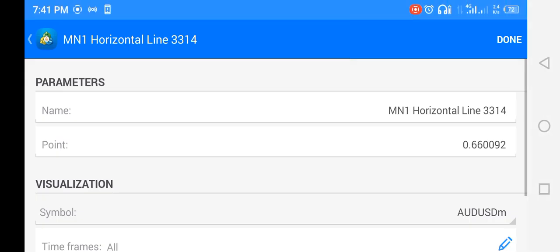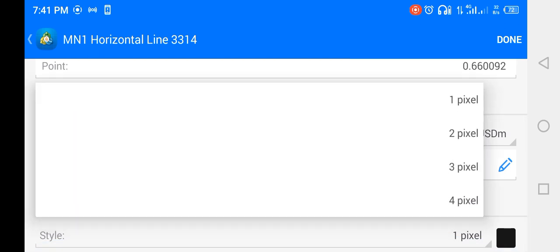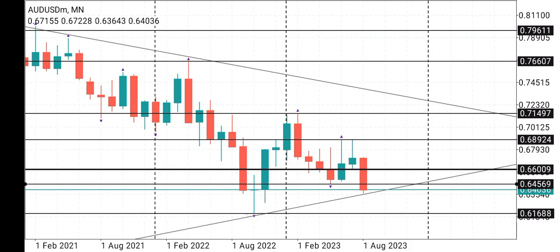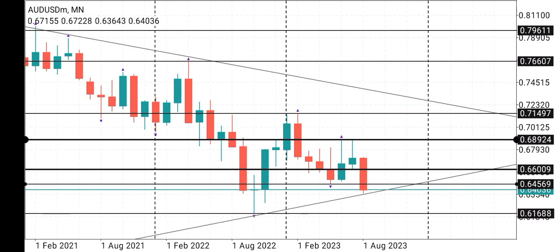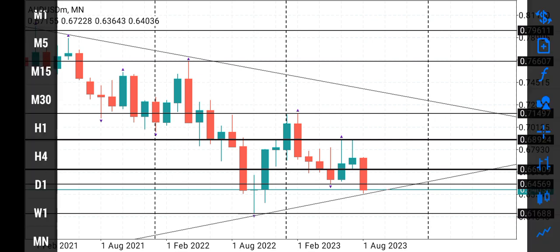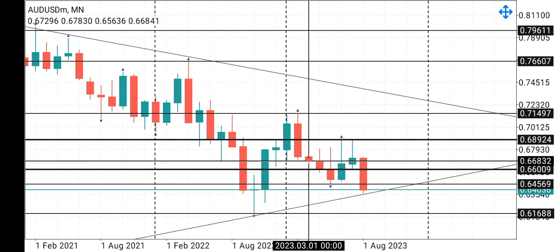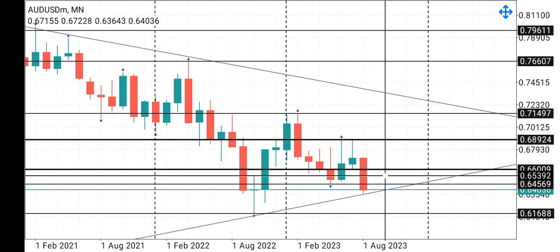Let me change the pixel. So for me to be clear on the framework I'm working with, this previous candle that just broke structure, this is my framework on the monthly.